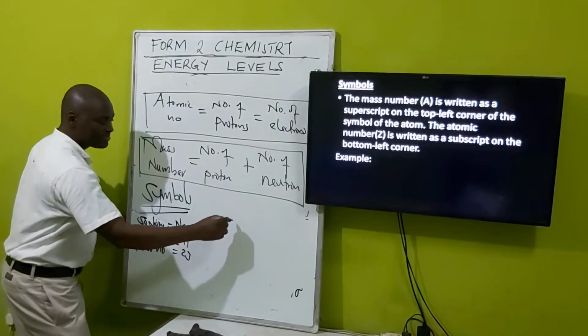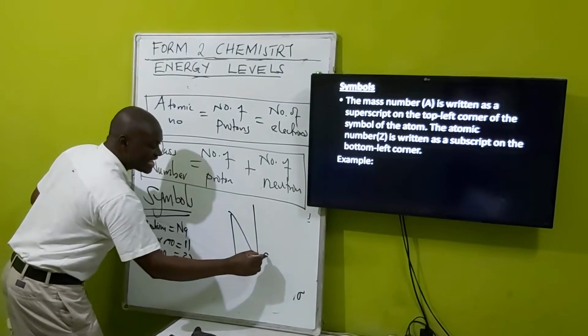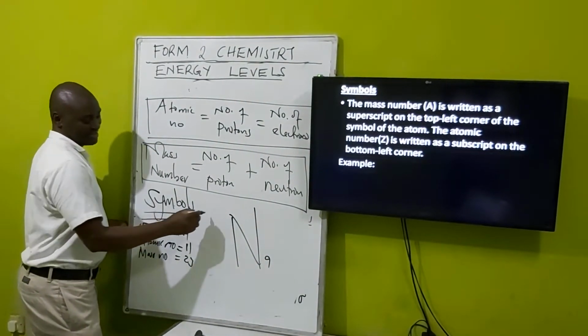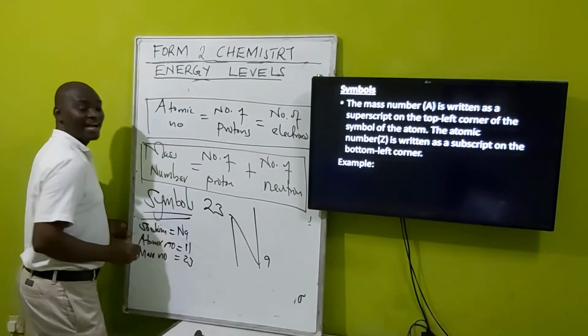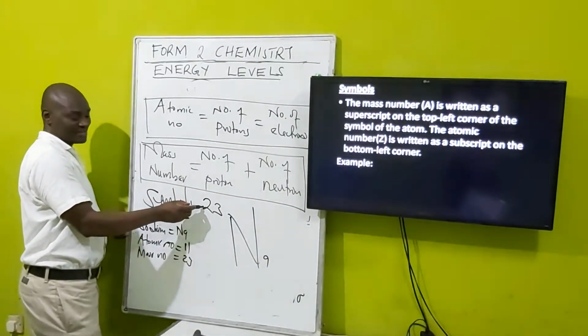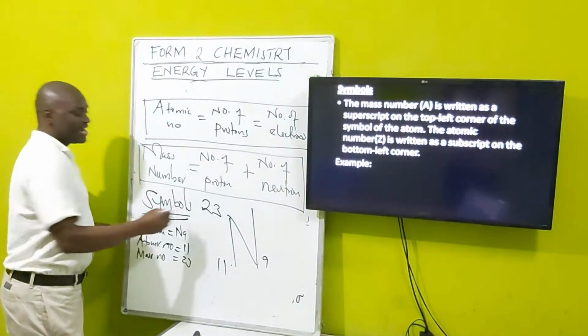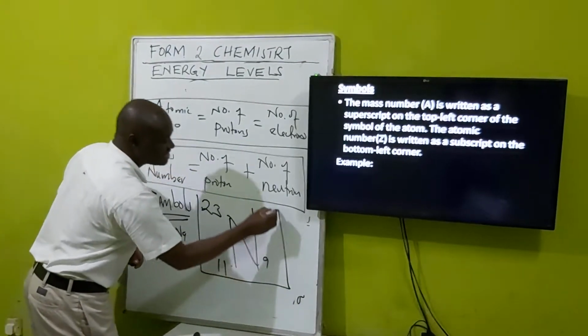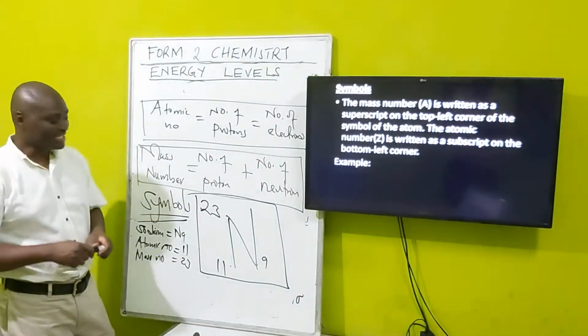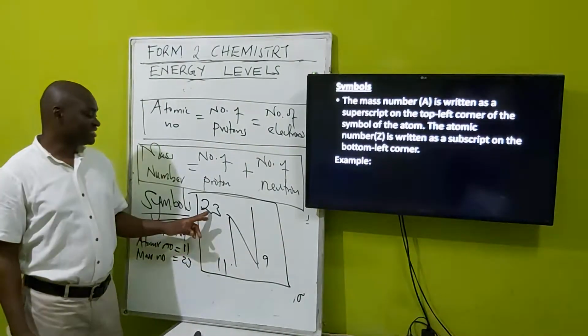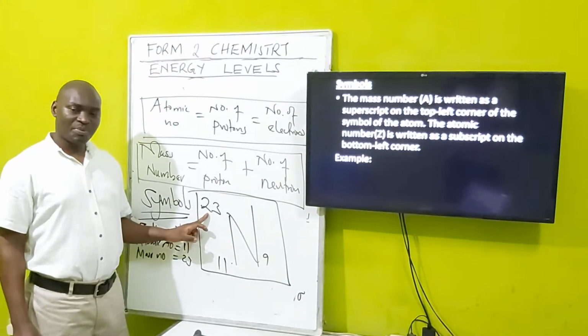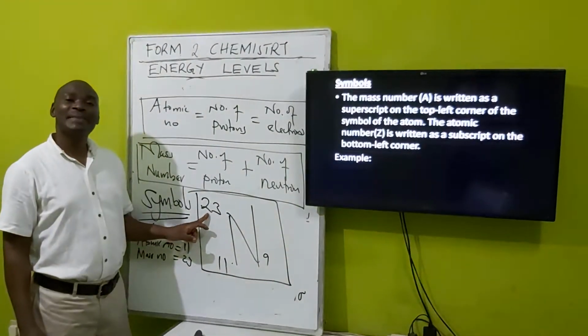So we can present sodium as Na. The mass number we write here as a superscript. Atomic number we write down there. So whenever you see an element presented like this, the superscript is the mass number.